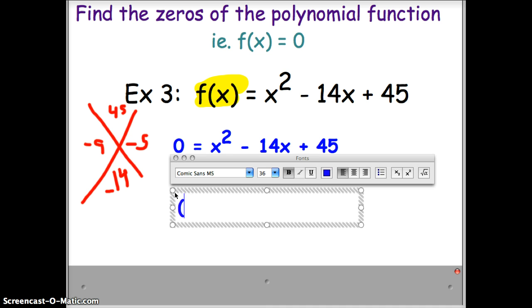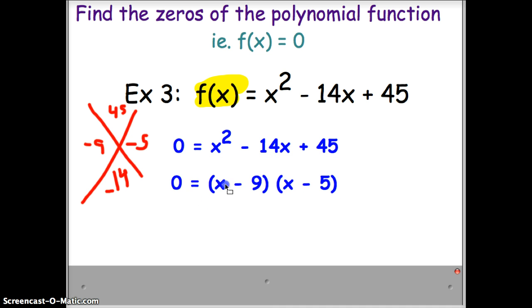So that means I have x minus 9 and x minus 5. And I'm going to have that equals 0 portion on there too.